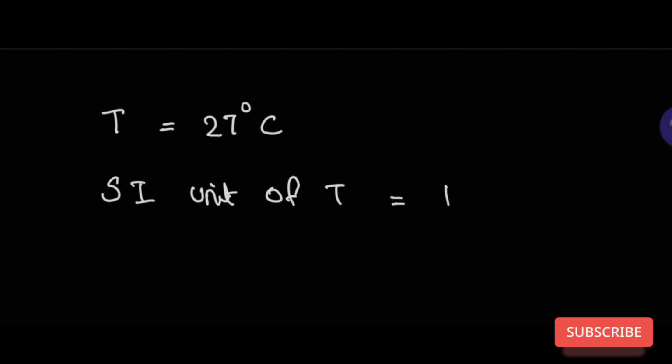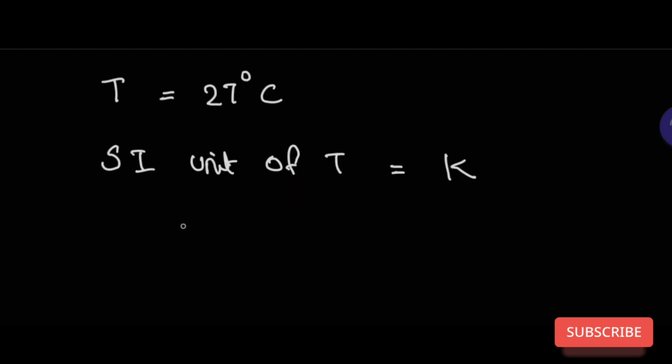Now moving on to the temperature. From the question, the temperature is given as 27 degrees centigrade. This is also not in the SI unit. The SI unit of temperature is Kelvin. The relation between degree centigrade and Kelvin is 1 Kelvin is equal to degree centigrade plus 273.